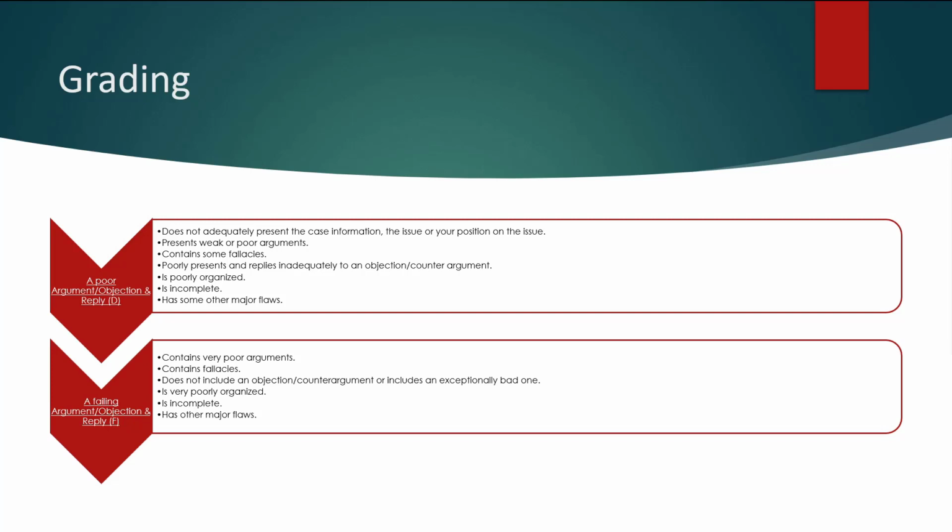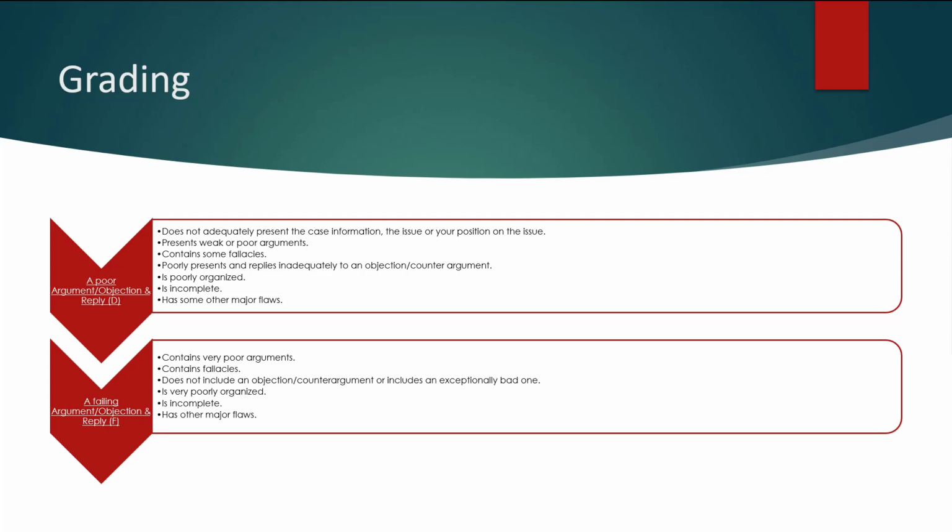The failing argument or objection actually has the biggest range because D is in the 60 range, and failing is below 60. So there are in a way more points in the failing zone. It could range from a 0, which is having nothing at all there, up to something that is really bad, but not bad enough to be a D. And this is the broadest range.